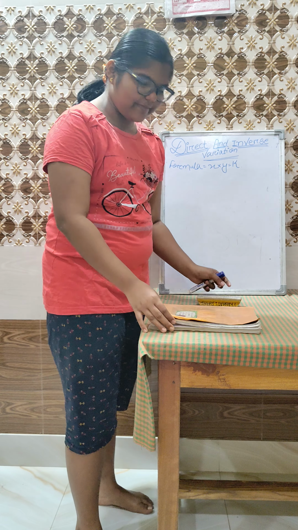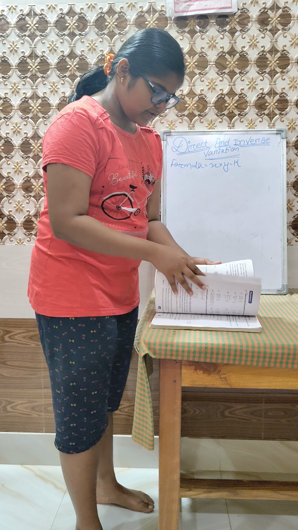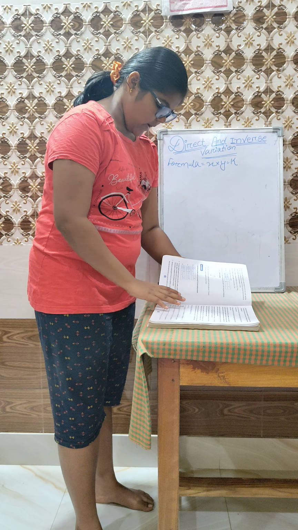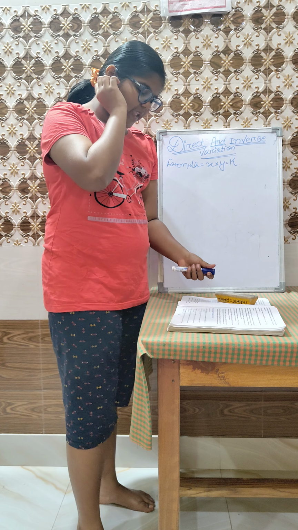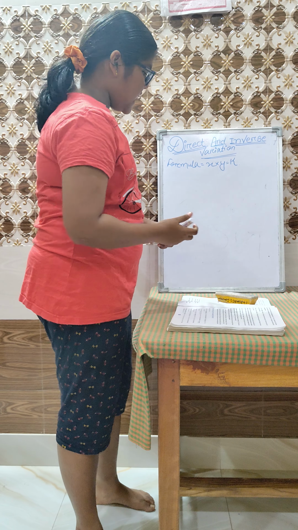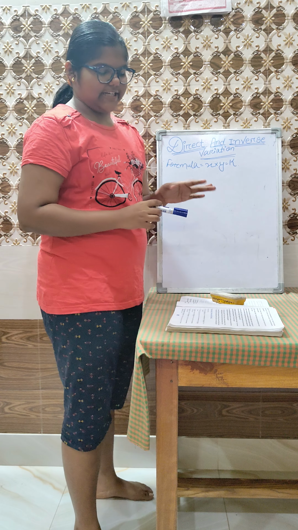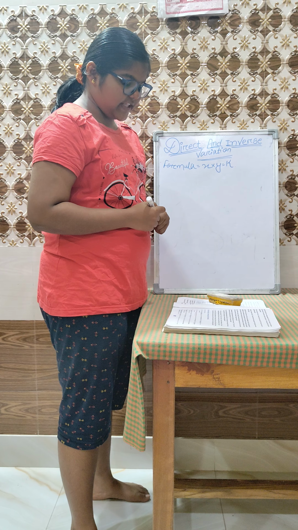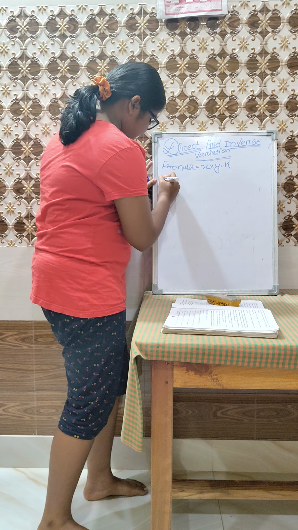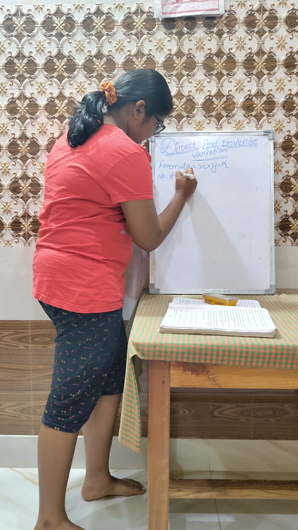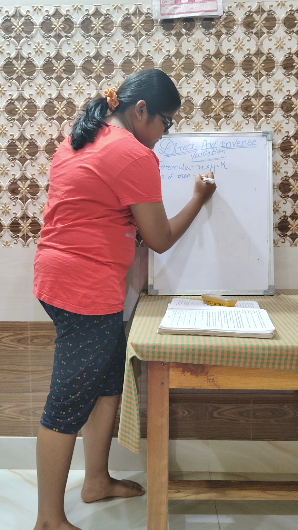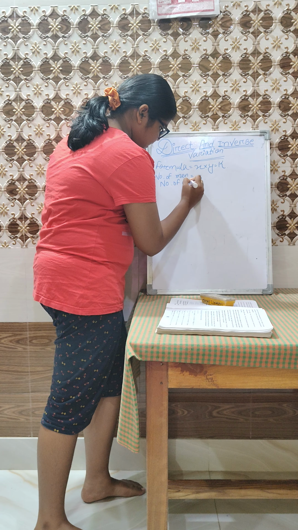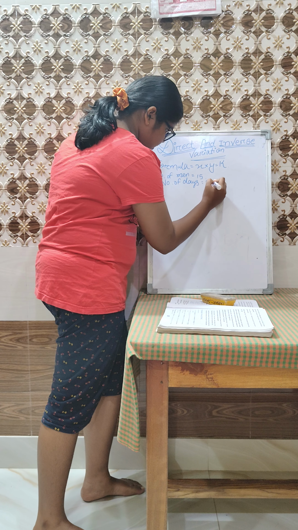So let's move on. I'm taking the help of my book. Okay, so I'm taking one question. This is our formula, let it be here. If 15 men can repair a road in 24 days, let me write number of men equal to 15 and number of days equal to 24.